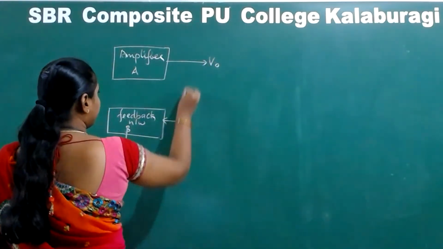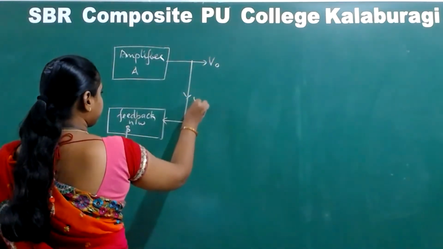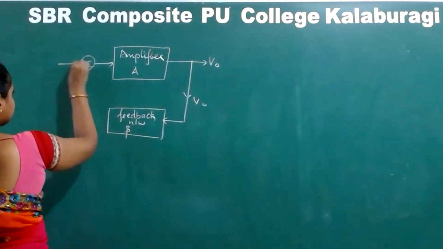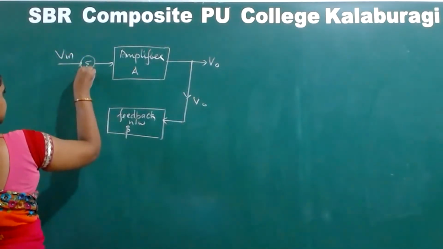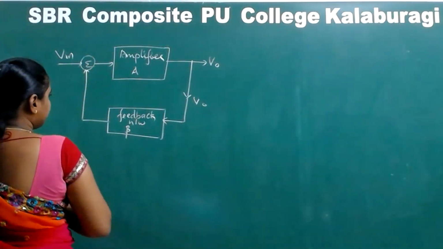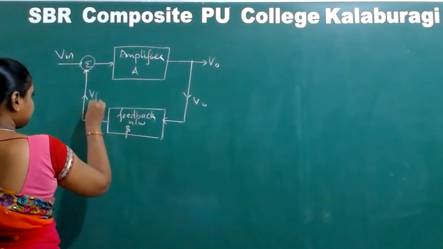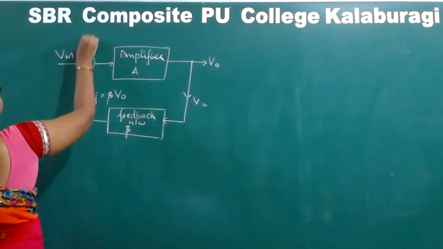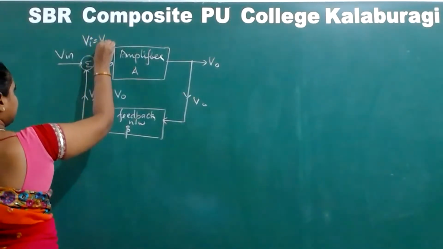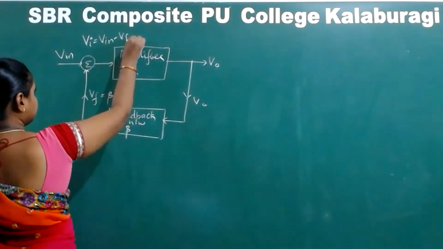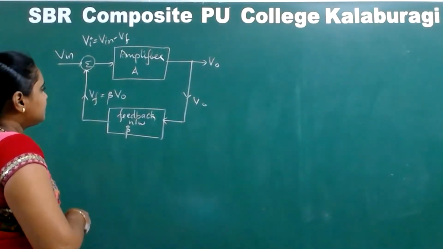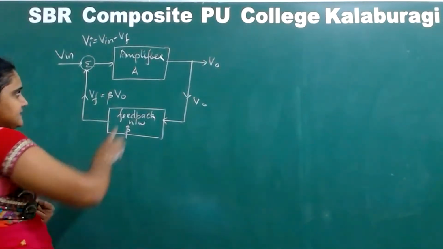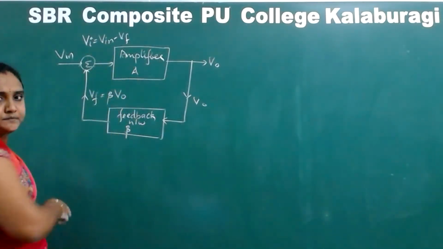Portion of output is given to the feedback network. Some portion of the output is fed as Vf is equal to beta times V naught, and Vi is equal to Vin minus Vf. Okay, the input to the amplifier will be Vi.